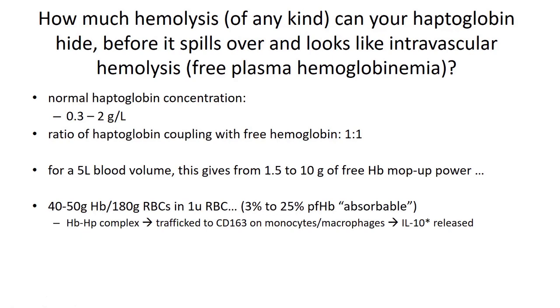And this amount of haptoglobin has the capacity to scavenge between 3 to 25% of that broken red cell bag. The hemoglobin-haptoglobin complex doesn't just achieve detox in the sense of shuttling that toxic free hemoglobin away, but that dimer, that couplet, traffics ultimately to CD163 on monocytes and macrophages expressed in the spleen.